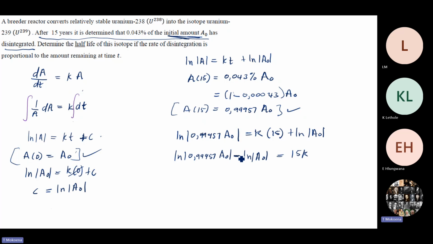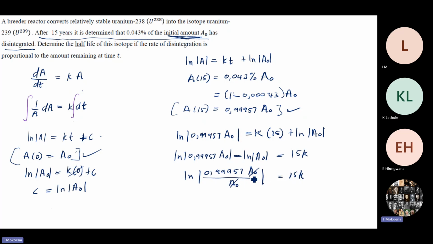Remember, when we subtract the laws of logarithms, when we subtract the ln, we do what? We divide them, right? So meaning we're going to have ln of 0.99957 A sub naught divided by A sub naught is equal to 15K.